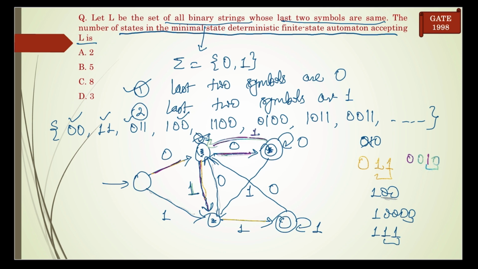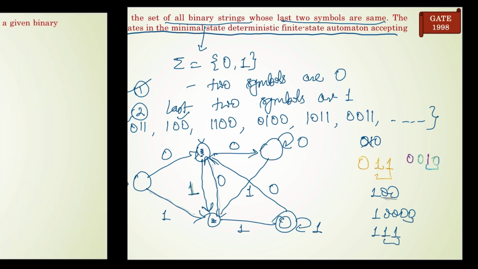So last two symbols will be different. So that's why we can't define this transition. So this will be our final DFA. So how many states will be required? 5 states. So correct answer is B.